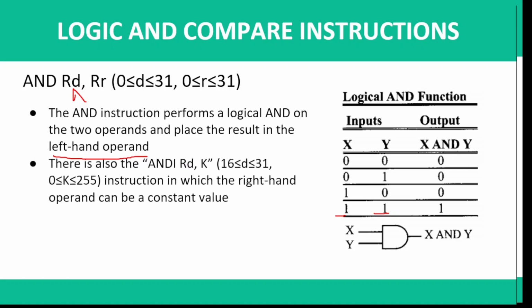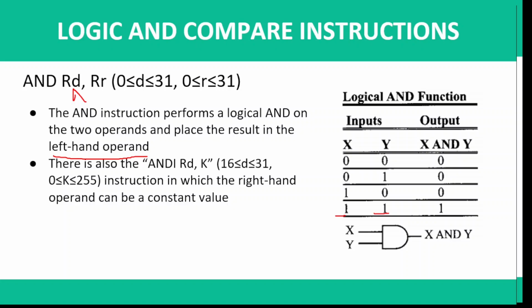And there's also ANDI, meaning the constant, the source. The destination is from 16 to 31 and the K is from 0 to 255, an instruction in which the right-hand operand can be a constant value.